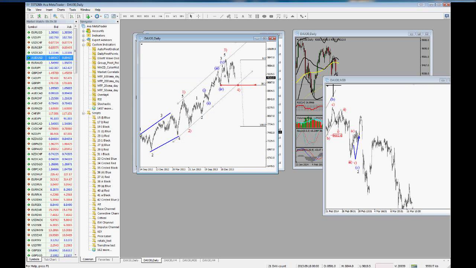Also, if I connect this trend line for wave 1 and 3 and put the parallel line at this end of wave 2, then wave 4 could complete a pullback around this lower trend line. Okay, so I think DAX is still in a bullish mode. Okay, and this is just a temporary pause.